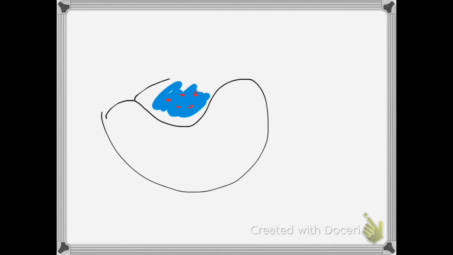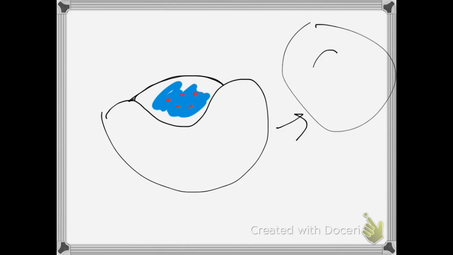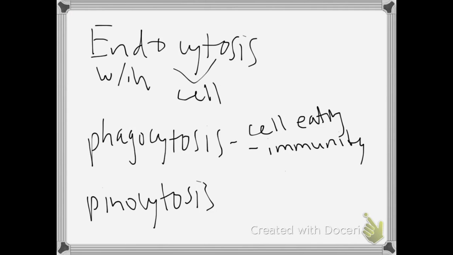So again, we'd have this part pinch off, and then this would move inside the cell in a vesicle, and we would have whatever this liquid was, and whatever was being carried in that liquid. That's also shown. And then we can get rid of this vesicle, and now whatever we wanted is inside the cell. This is pinocytosis.